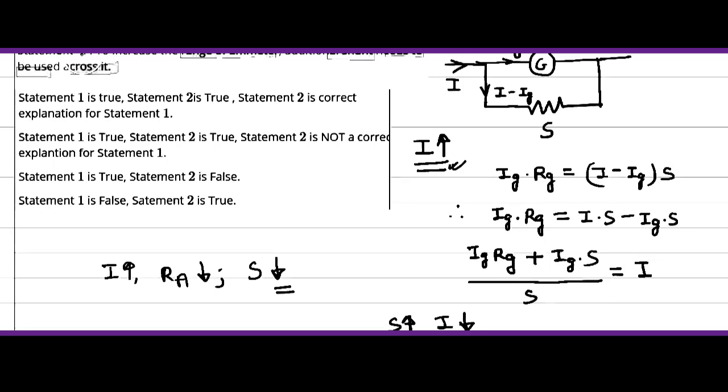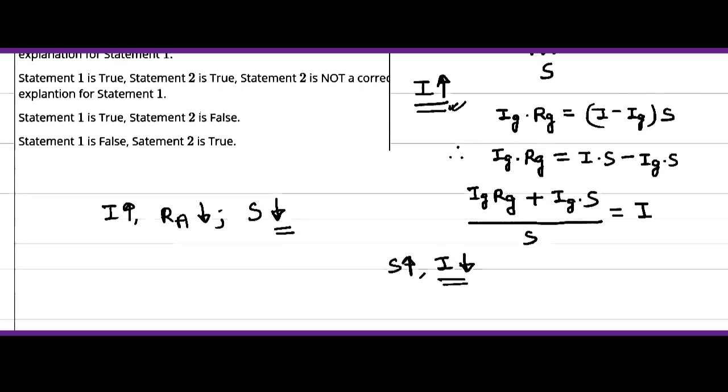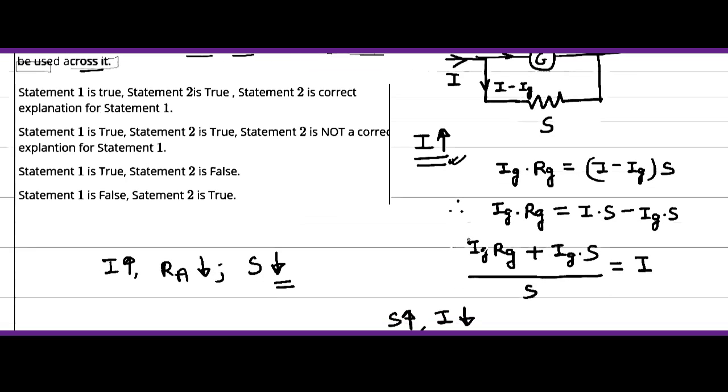Now let's talk about statement 2: to increase the range of the ammeter, an additional shunt needs to be used across it. As we can see, the shunt is connected in parallel with the galvanometer. If we change this shunt resistance to S dash by adding X resistance, then in a parallel combination the value of S dash will be less than S. When S decreases, the current will increase.